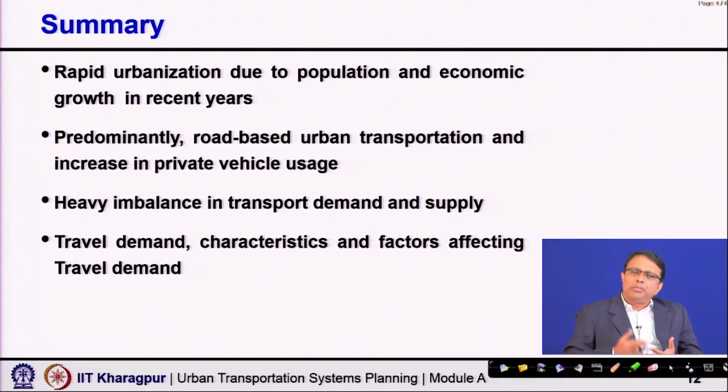The public transport share, both in terms of vehicles and share of trips, is reducing, and as a result there is a huge imbalance in the urban transport sector, right. This imbalance is aggravating externalities such as congestion, safety issues, emissions, and energy related aspects.